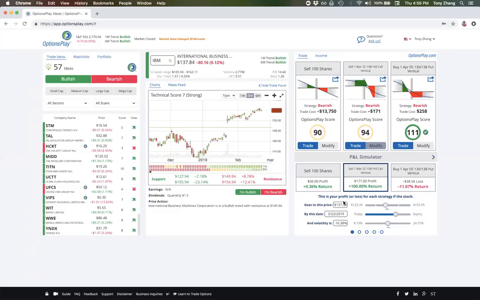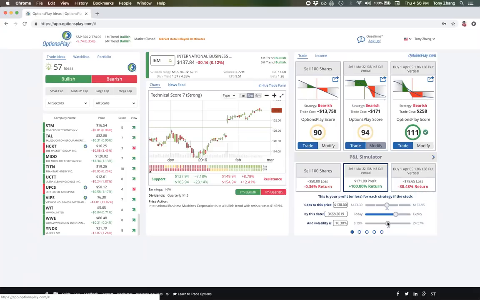And even if the stock moves higher, even if it goes up to 138, I can still collect my full credit by selling a call credit spread. If I bought the debit spread, I'd lose a third of my investment. So this is where you want to make sure you understand the difference between these two strategies and deploy them based on your outlook on the stock and not based on volatility.